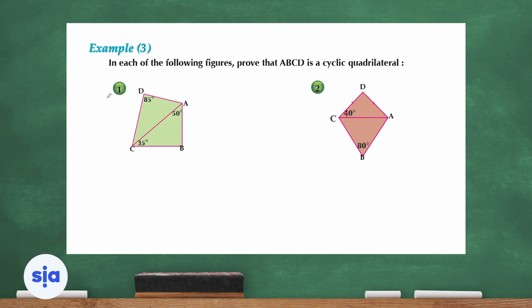In triangle ABC, we can easily get the measure of angle B. The measure of angle B equals 180 minus the sum of 35 and 50, which is 95 degrees.